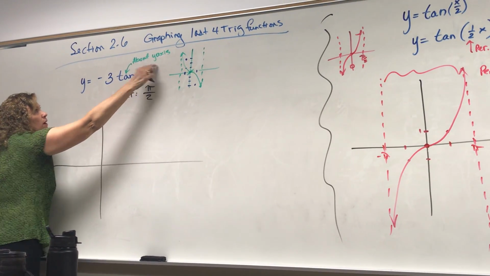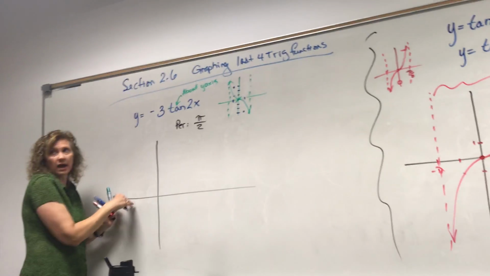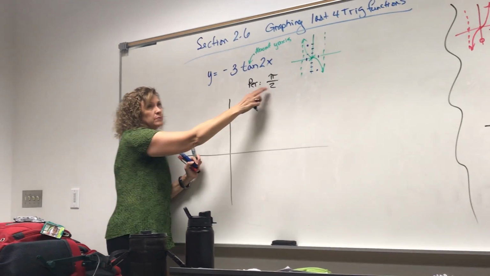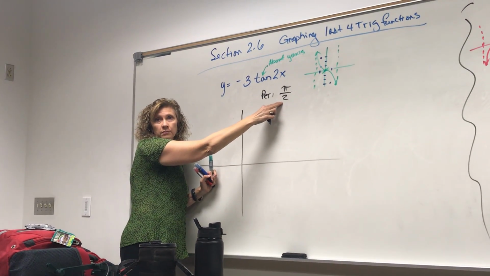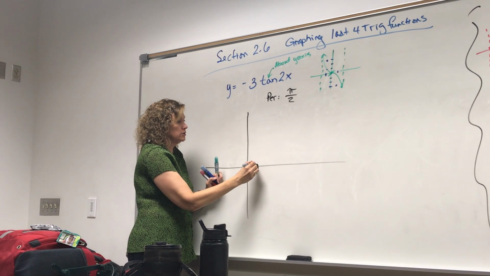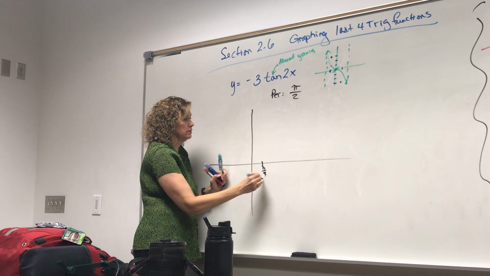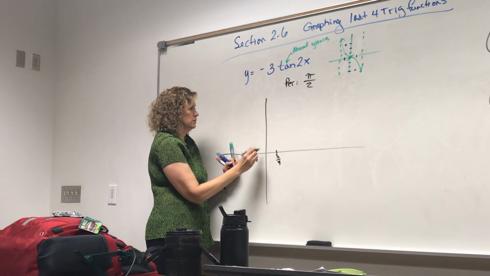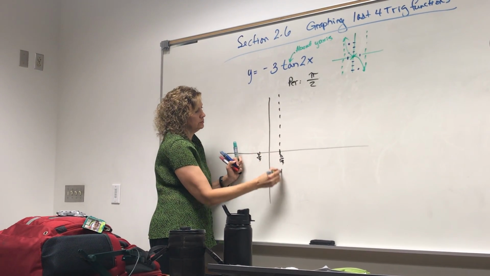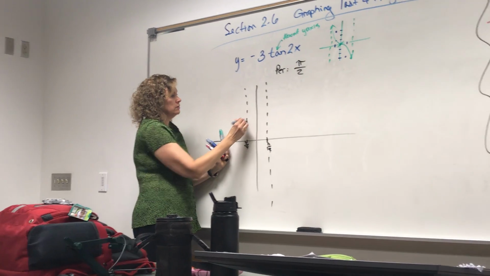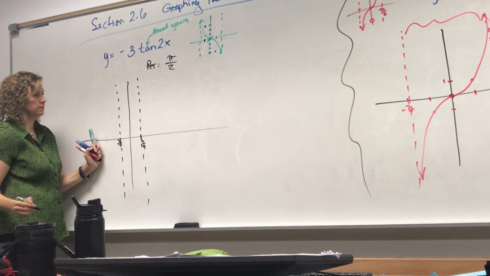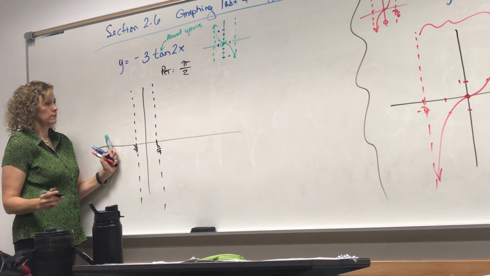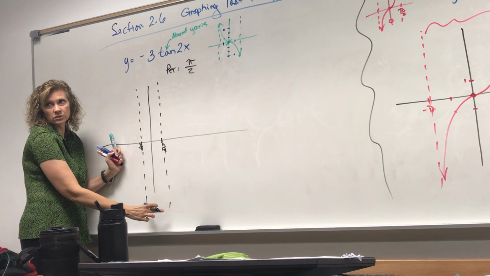Equal it about the y-axis. So half is going to be up and half is going to be down. What's half of pi over 2? Quarter pi, pi over 4, right? So at pi over 4 and at minus pi over 4, I'm going to have asymptotes. This is going to be super skinny. That is a full pi over 2 unit.